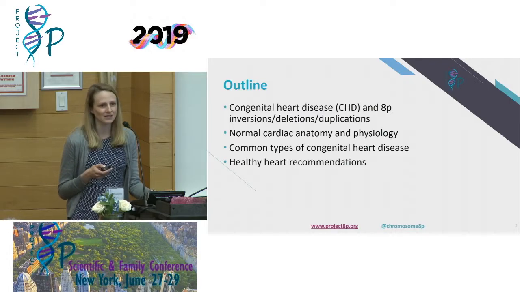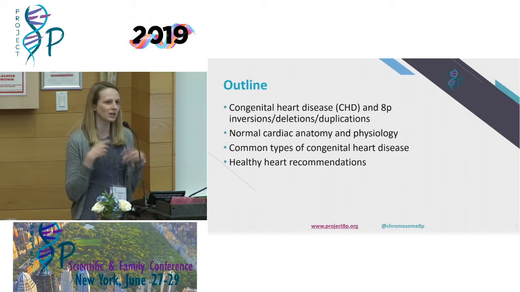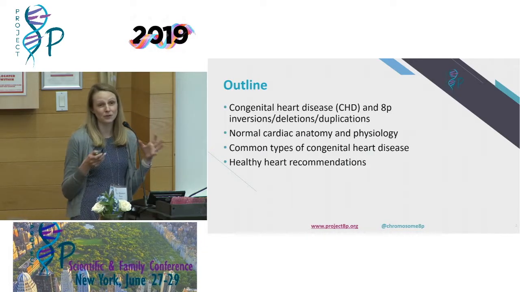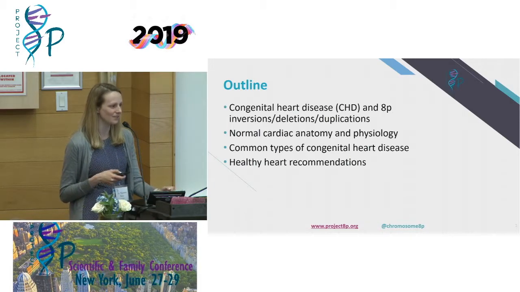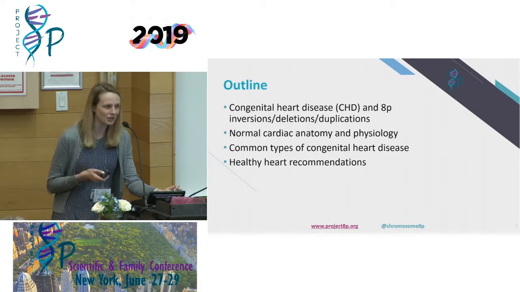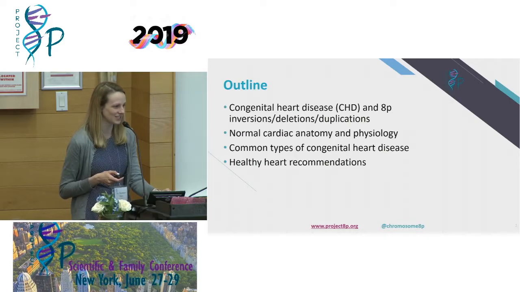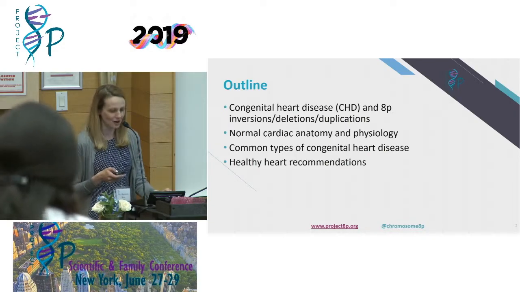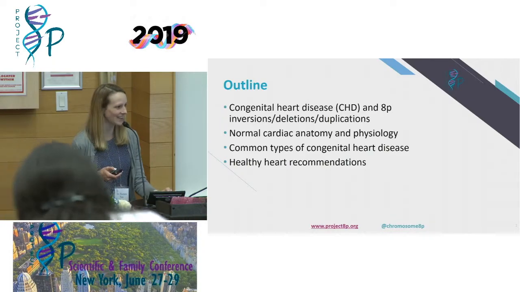As a disclaimer, congenital heart disease is a really varied topic, and each individual is going to be different. So I'm going to give you a broad overview to help with some understanding, but for your individual child, your pediatric cardiologist is going to provide you with the best information. And then I'm going to talk about some healthy heart recommendations at the end.